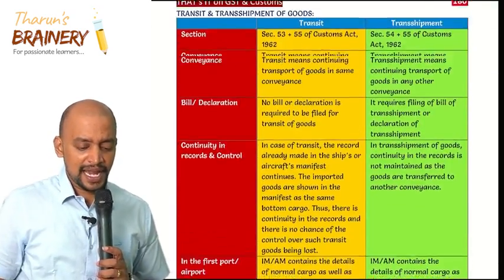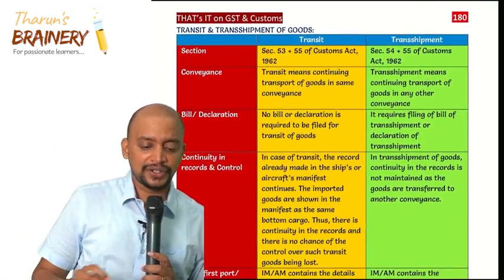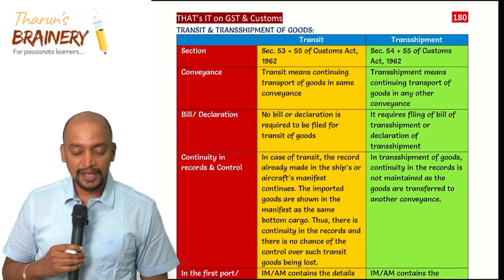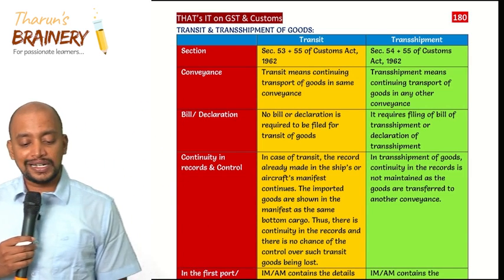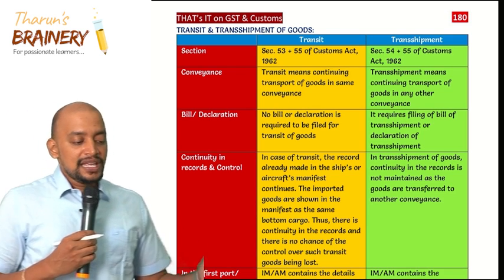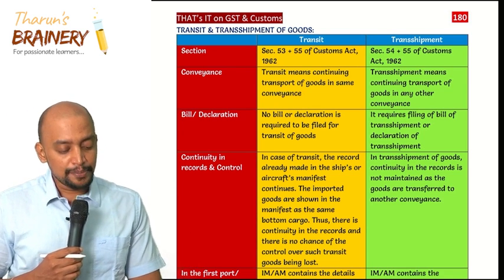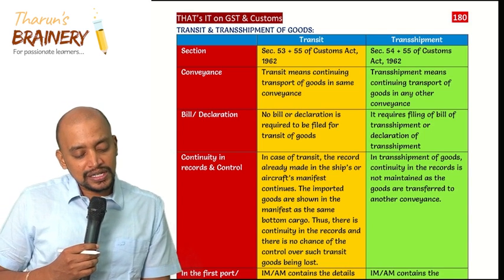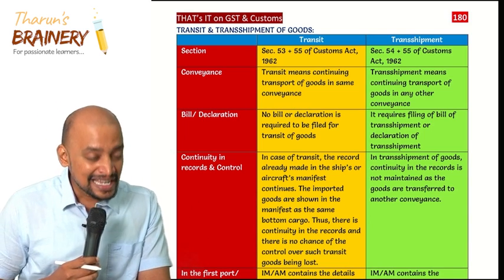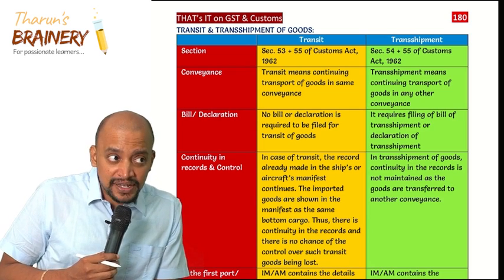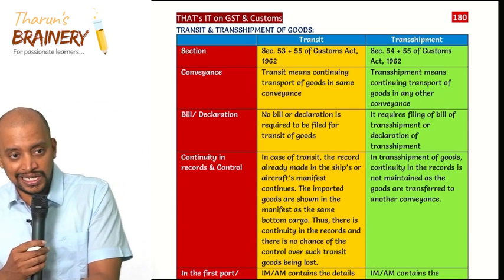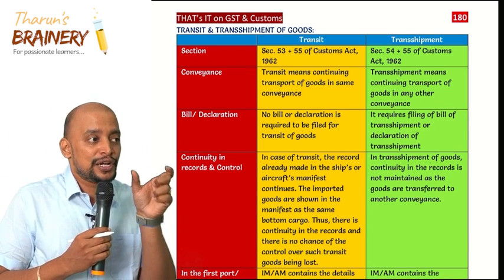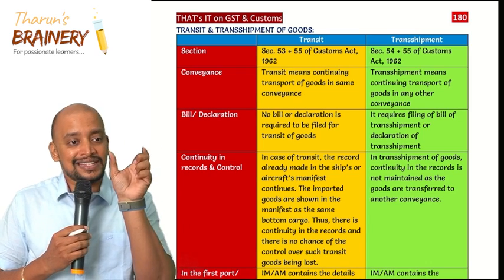Then we have transit and transshipment of goods. What is transit and what is transshipment? If the vessel brings some goods to a port in India, unloads some goods in that first port, and carries the same vessel to another port in India, these goods are said to be goods in transit.